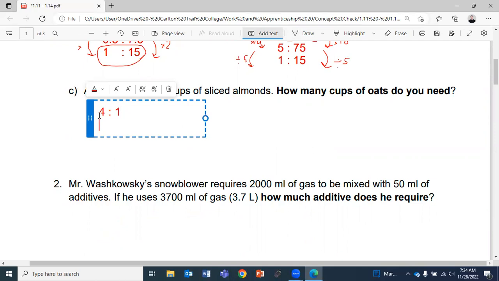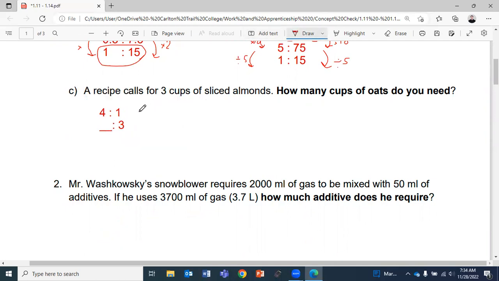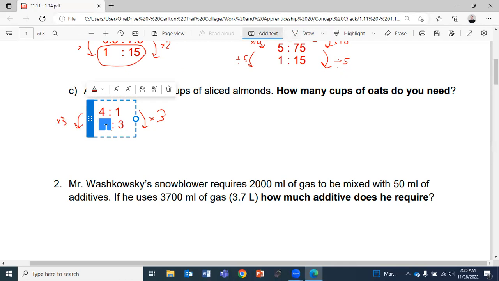And then it also tells me that I have 3 cups of sliced almonds. So all I need to do is figure out what number we multiplied the 1 by to get to the 3. In this case, it's just times 3. So I multiply the other part by 3. My answer in this case is going to end up being 12. So it's a 12 to 3 ratio.